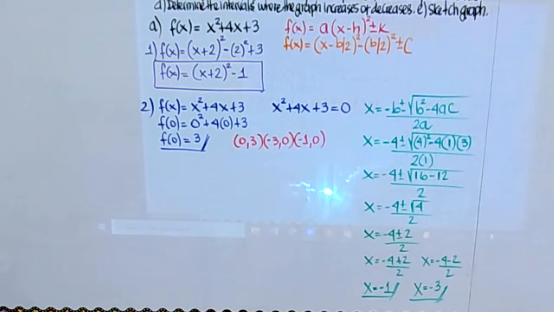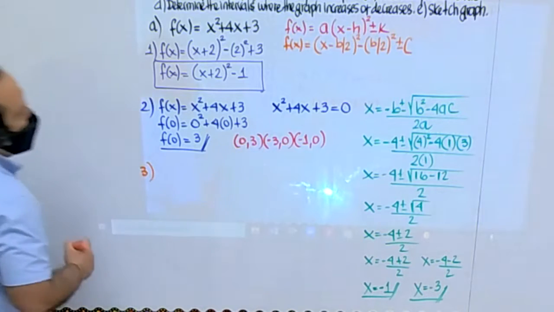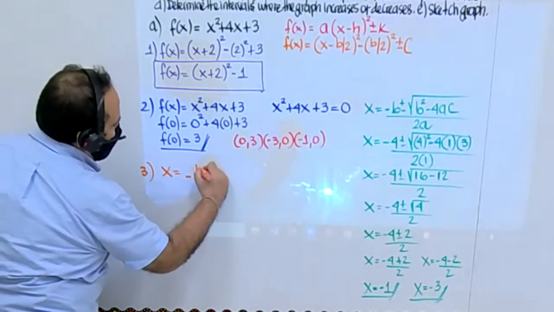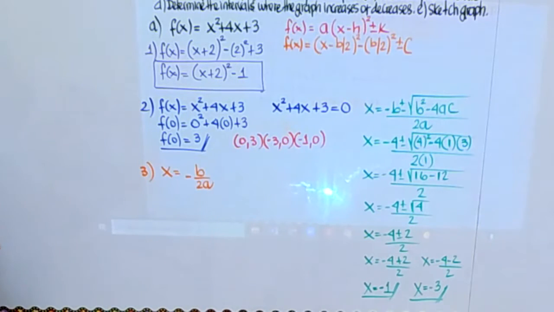All right. Now step number 3, they're asking us to find the symmetric axis. The symmetric axis, my dear students, is step number 3. I'm going to use this orange column. It's given by the following formula: x equals negative b over twice the letter a.